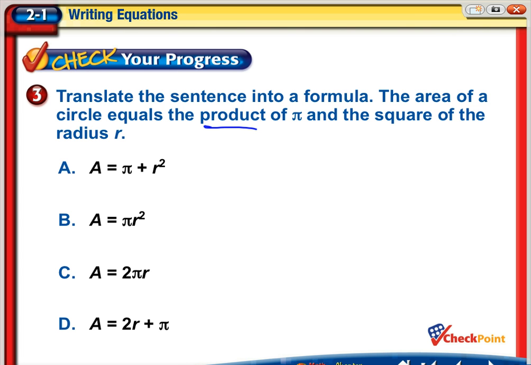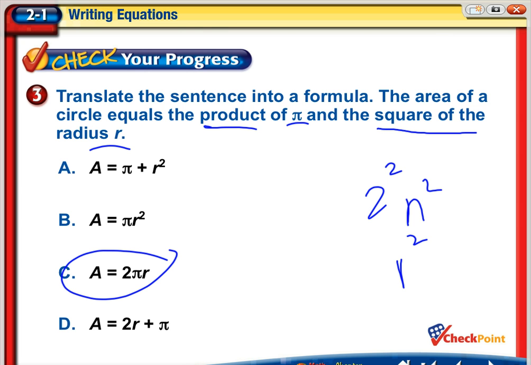It's about products. It involves pi. It involves the square of the radius. You know how to write the square of a number, right? A number squared. That's what it means. The square of the radius means that. For those of you who picked this, do you see any square in there? Of course not. So what is my actual answer to this one? B. Yes, indeed. It should be B.